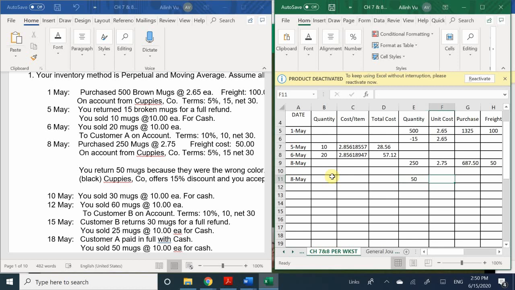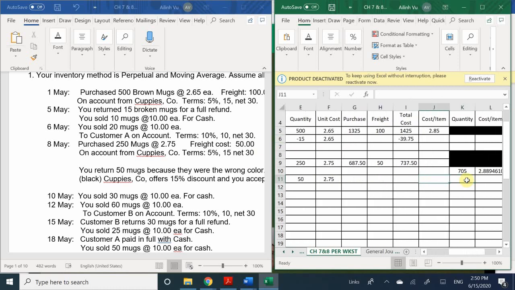And how much did it cost us? It cost us $2.75 each. Now, I'm not going to take out 50, but I am going to calculate it right here. I'm going to multiply this by my 0.15, my 15% discount.